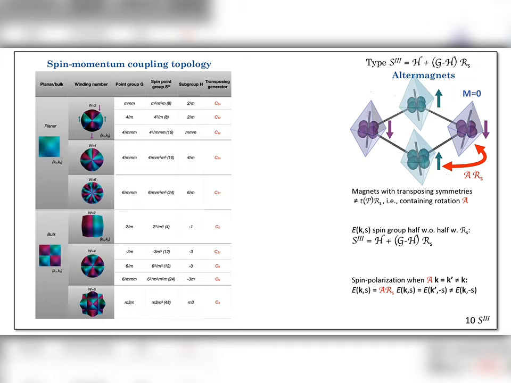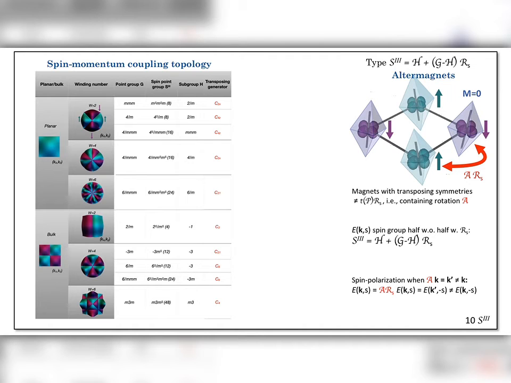Then I have this type of spin point group where the spin flips 4 times, so I have a winding number 4, and I can also have 6 times flip. And these are the types in which, when I go around the kx, ky plane and look at what happens with the spin by going through the kz axis, the spin remains the same.